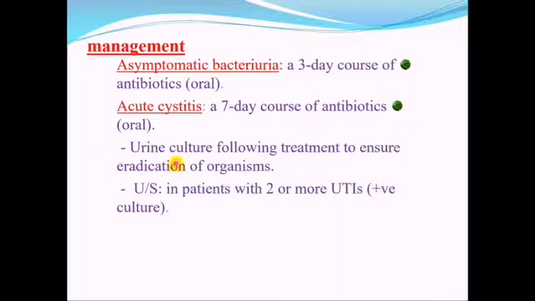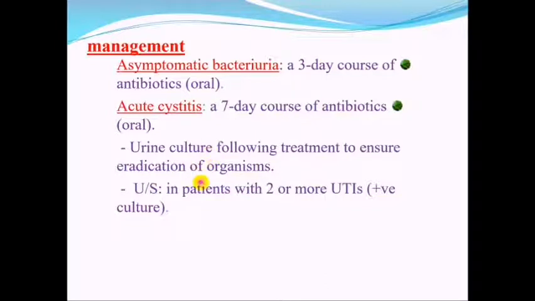because recurrent bacteriuria may occur in about 15% of women in pregnancy, and it may require a second course of antibiotic. So 15% of patients may have a recurrence of infection and may require a second course of antibiotic.